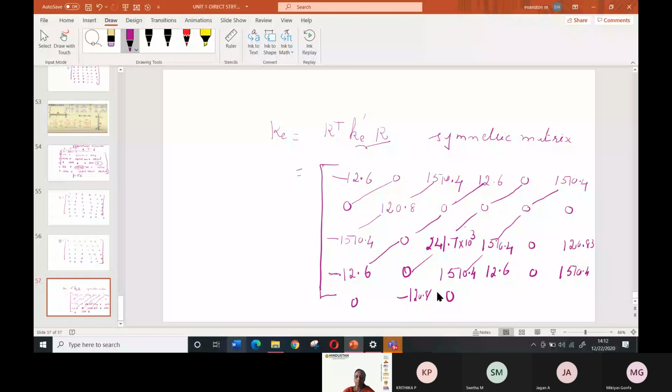It is not 120.83? No, ma'am. Yes, ma'am. Sorry, ma'am. 1208.3, ma'am. Okay. Ma'am, similarly, second row, second column also, 1208.3. Positive only.